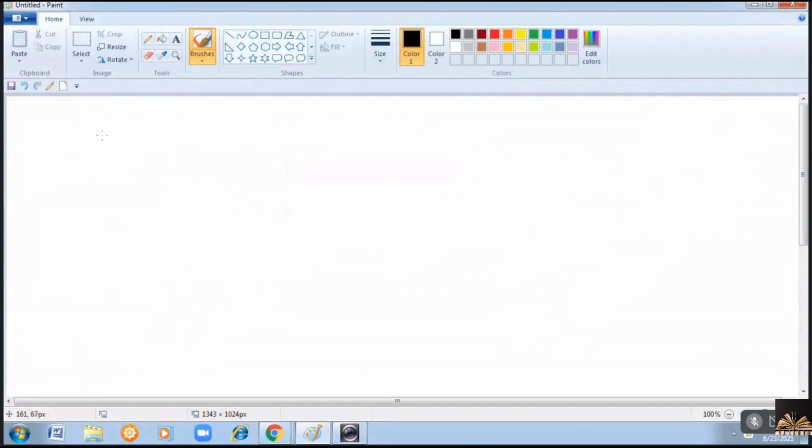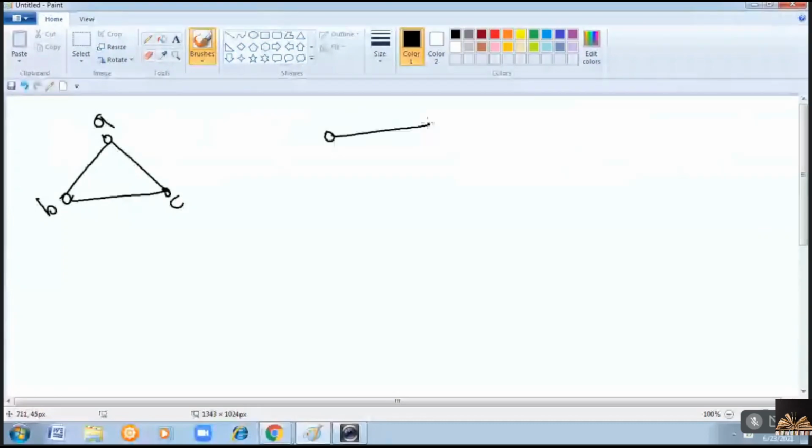First of all, draw the cycle graphs. This is the cycle graph C3, right? Let me draw C4. And let me draw C5.